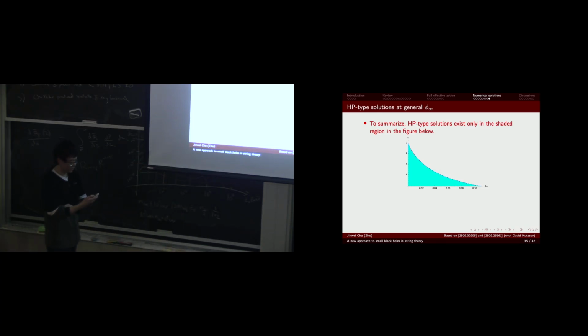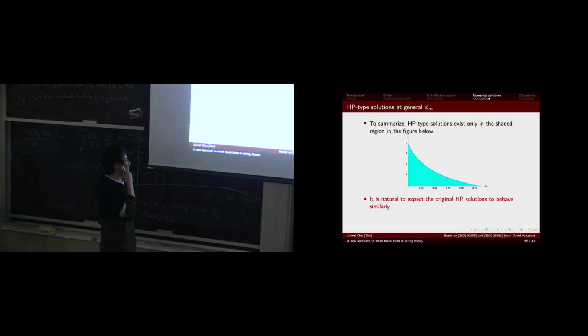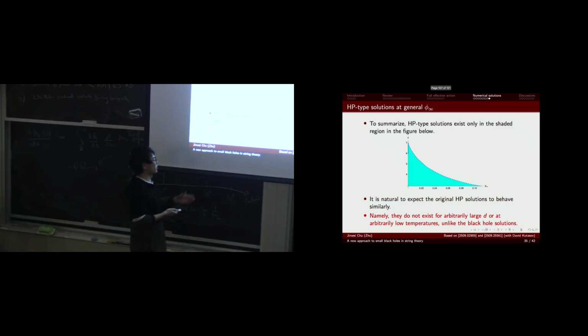Yeah. So this is I guess the main result of our recent work, and what's the lesson of it? So I think the lesson that we can learn from it is that in the original Horowitz-Polchinski problem, we should expect similar behavior, namely the Horowitz-Polchinski solution can also not exist for arbitrarily large d or arbitrarily low temperature. Recall that phi infinity is like beta.